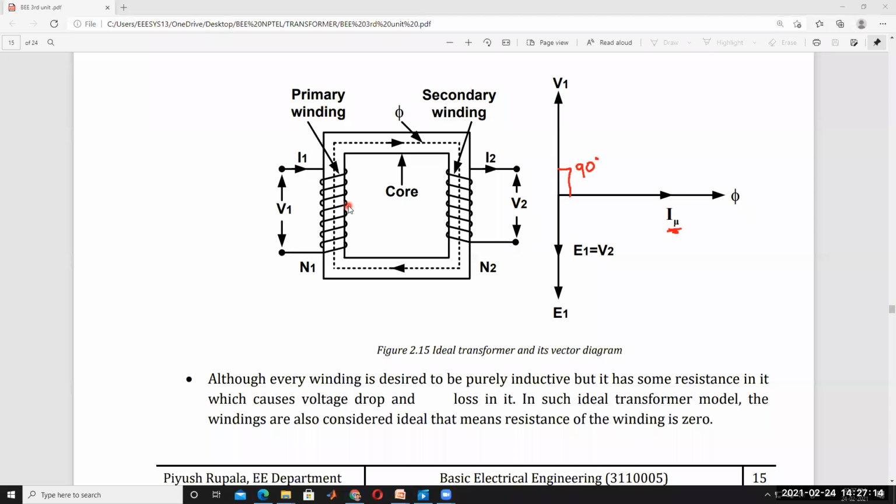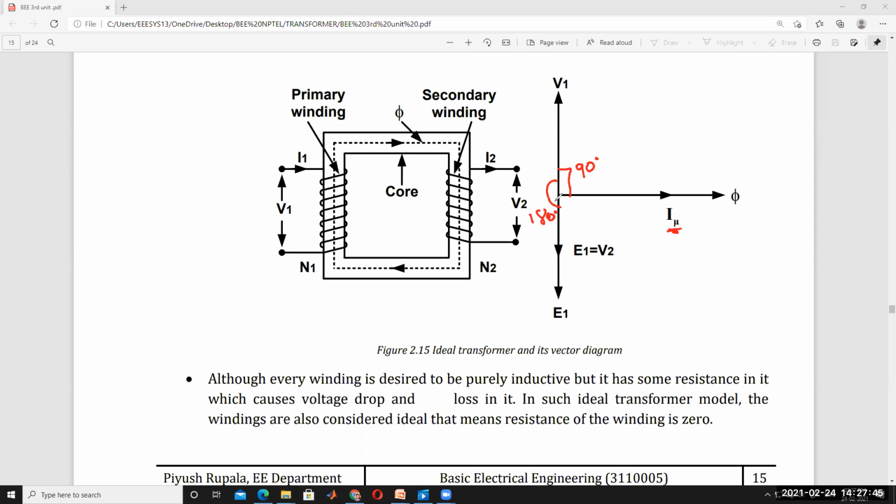Second, the counter EMF, that is the self-induced EMF E1, which is exactly in phase opposition to V1. That's why the phase angle between V1 and E1 is exactly 180 degrees. The phase angle between the supply voltage and the induced EMFs E1 and E2 is the same, so the angle between these is 180 degrees.